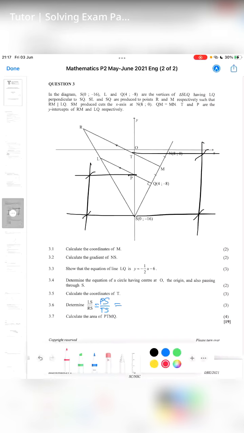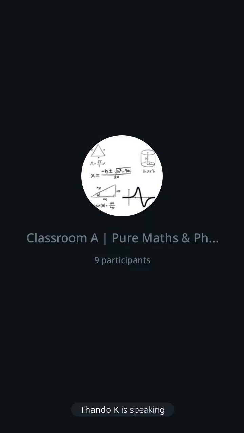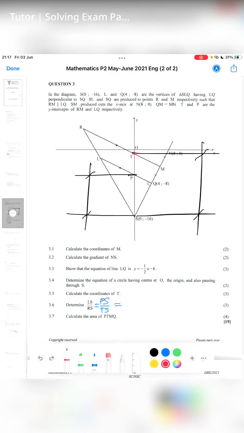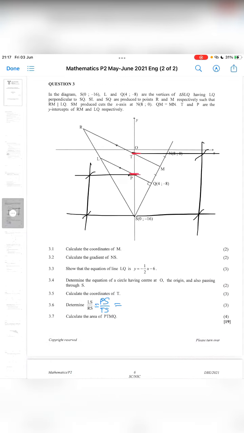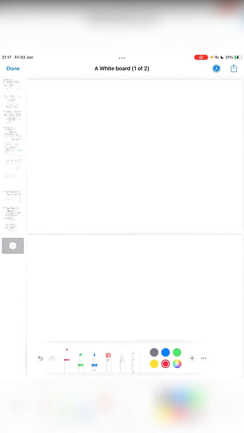So Kelly, what I wanted to say is that always, when you have points lying along either the x or the y axis, don't worry about the distance formula. Let me do this so that it's explained better.